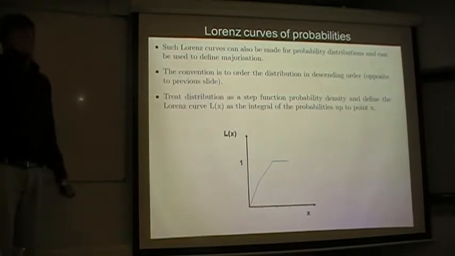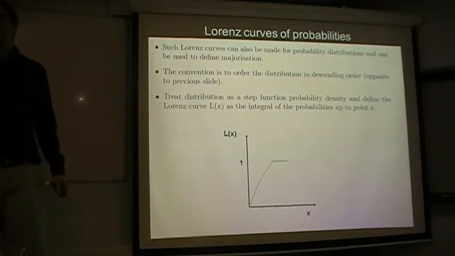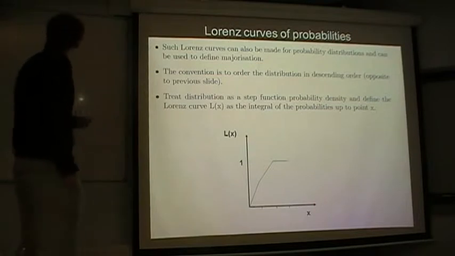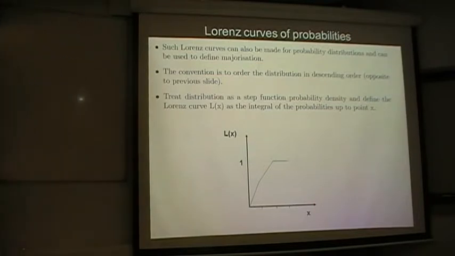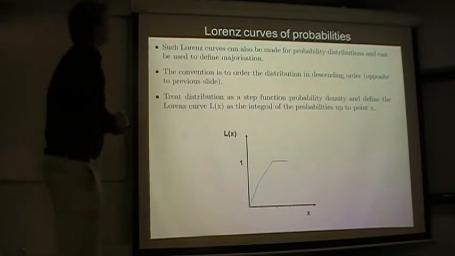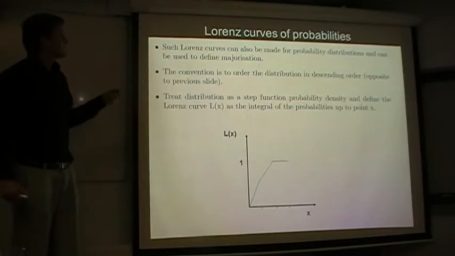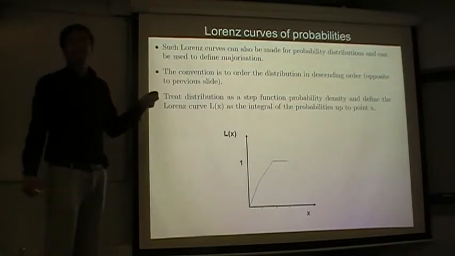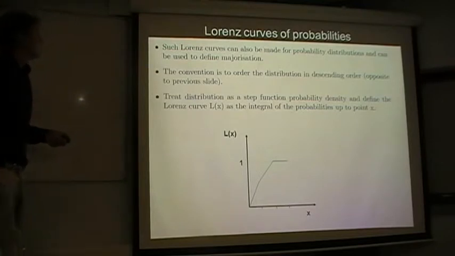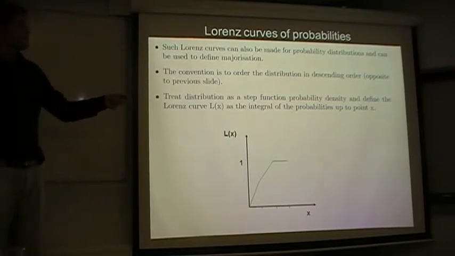So now you do the same kind of thing, but for probabilities. And annoyingly, we're going to flip the order, so we're going to start with the highest probabilities. So maybe I should even delete this before you get confused. So we can make these Lorentz curves for probability distributions. And we can use these to define majorization. So we're going to order the distribution in descending order.